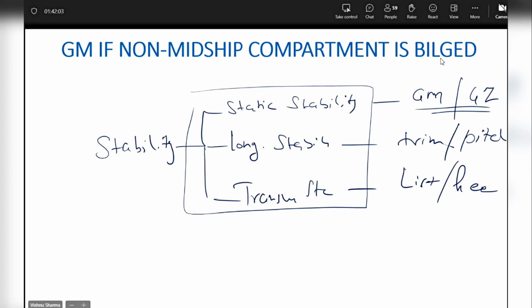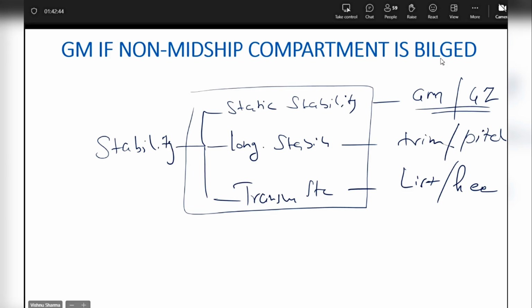When you calculate the GM or GZ, you do not care whether the vessel has a trim or not. When you calculate the longitudinal stability, you do not worry about the other two aspects. Likewise, when you calculate the list of the ship, you do not worry what the trim is. All three components of stability are calculated independent of each other.